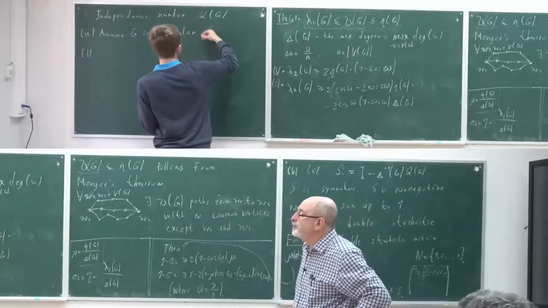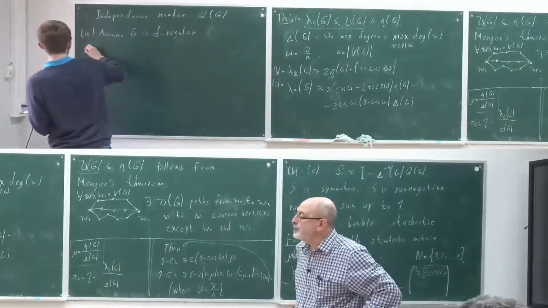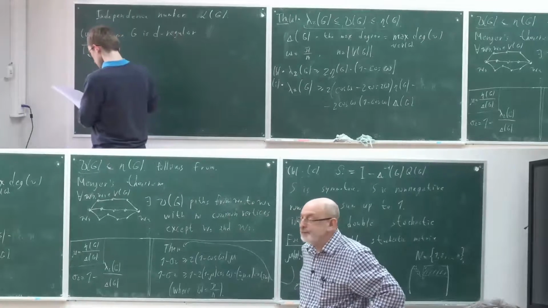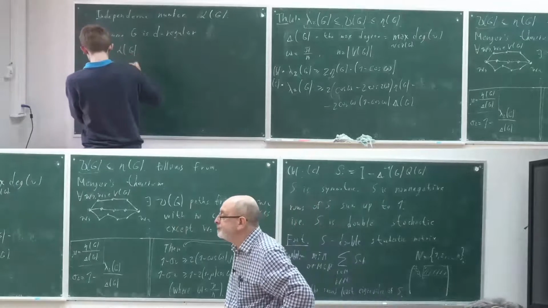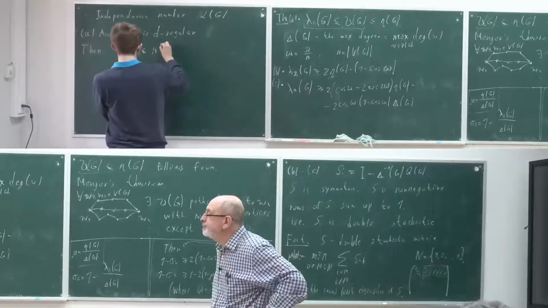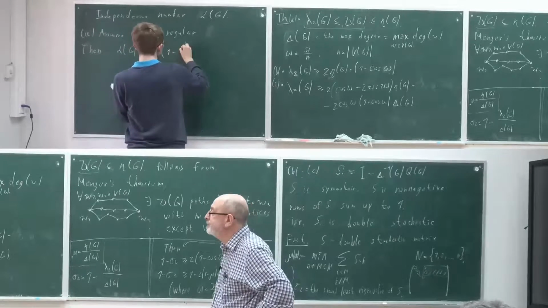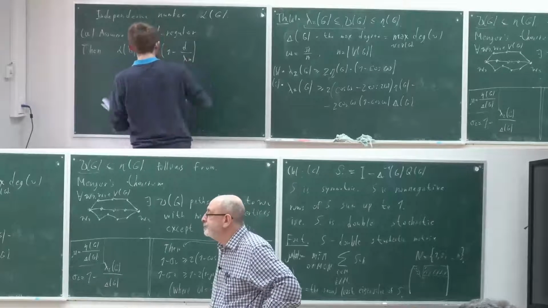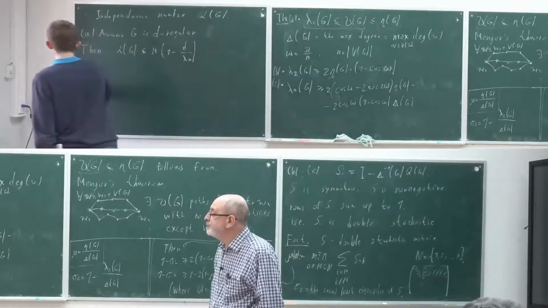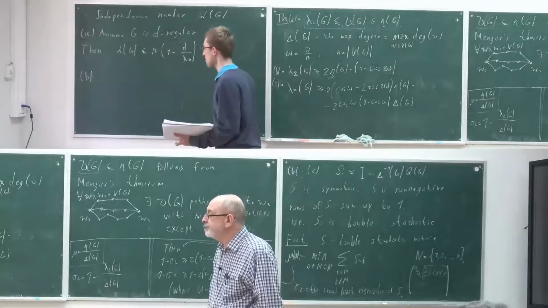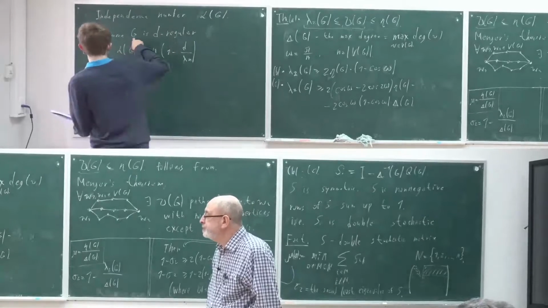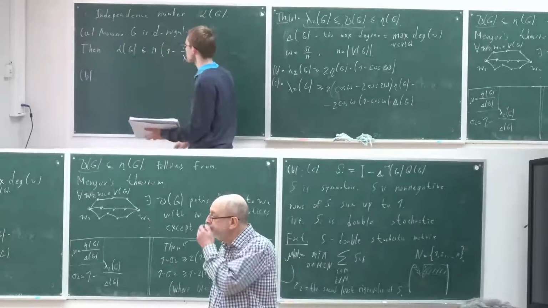In particular, d coincides with delta of G. Then alpha of G is less or equal than n times 1 minus d over lambda n. So such an estimate. And also we have a stronger result, which actually holds for arbitrary graph, so we don't assume anything about G, and the first follows from the second immediately.